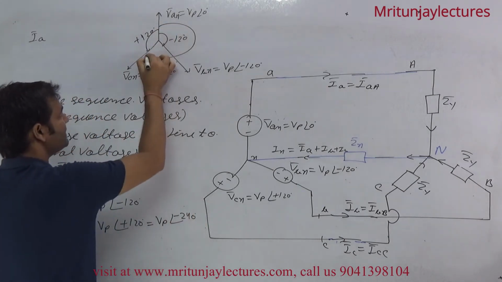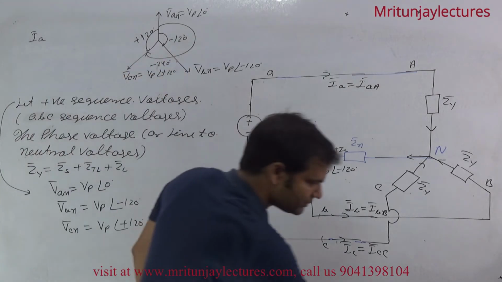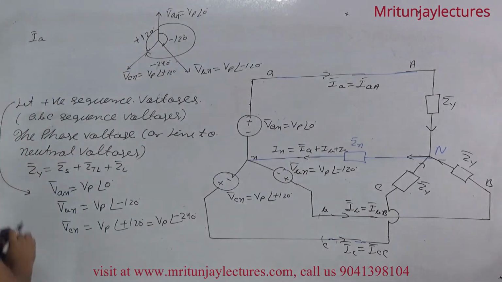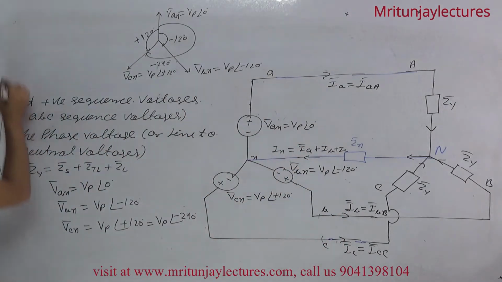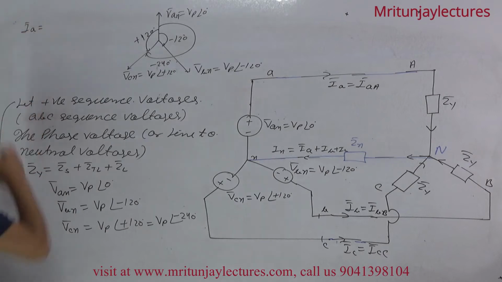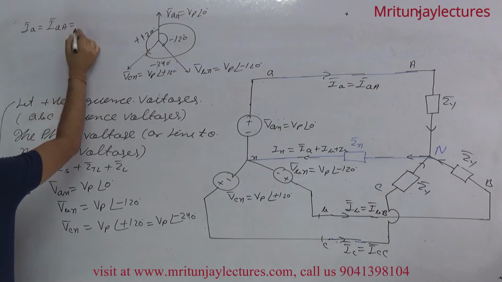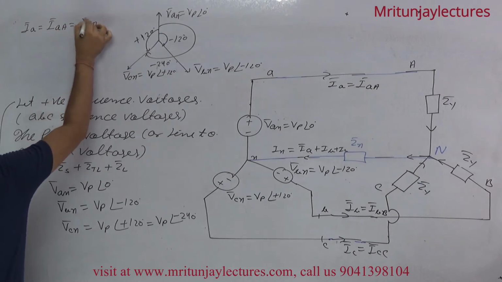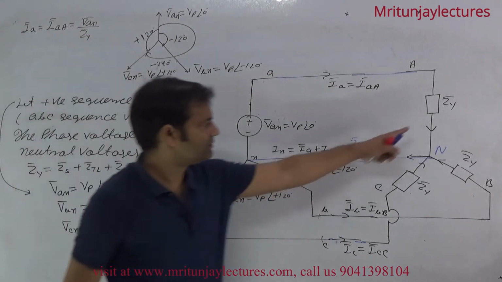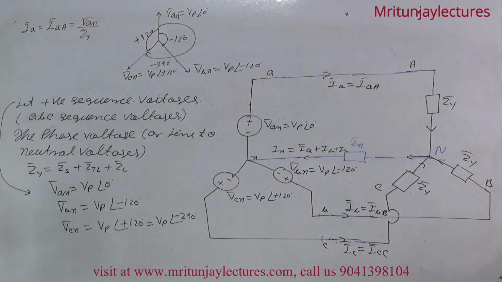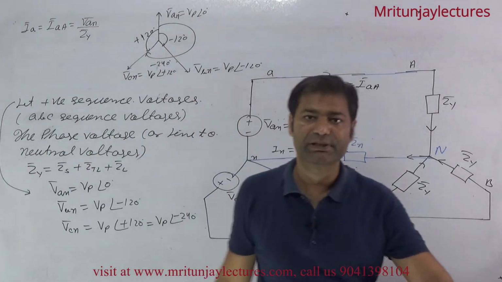Or you can also represent it as 240 degrees. So what about IA? IA means phase current. IA means IAA, that is VAN divided by Z star. You can say Z star is equal to ZS plus ZTL plus ZL.